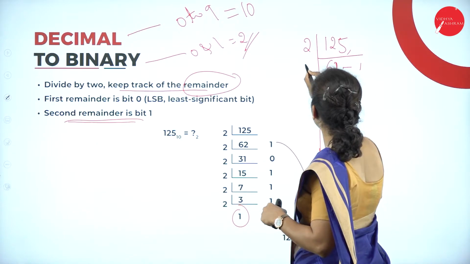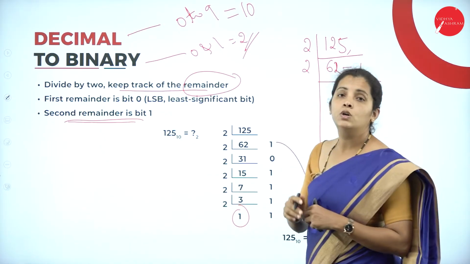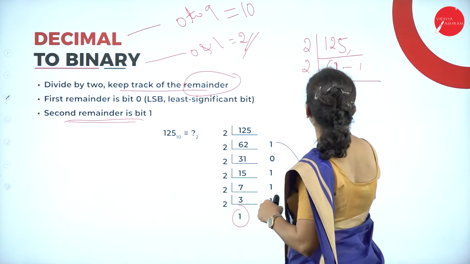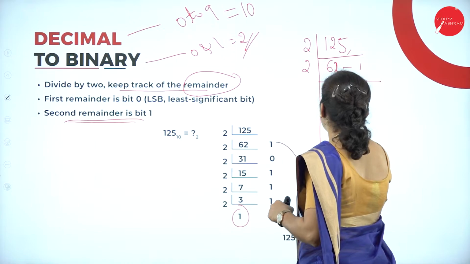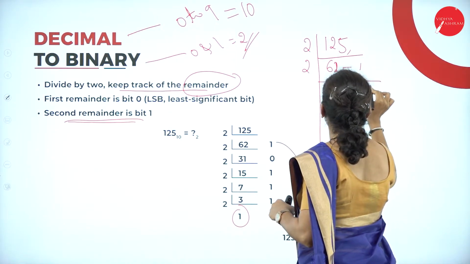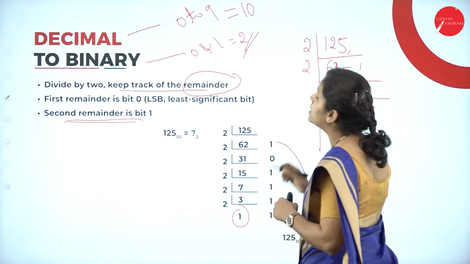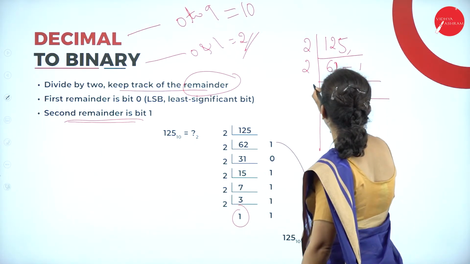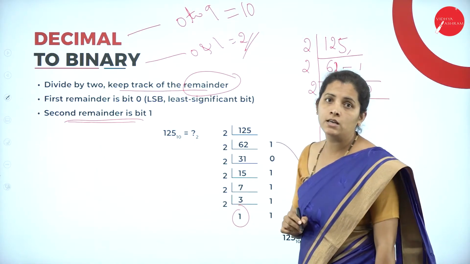Now, once again, I'm going to divide by 2. 2 3s are 6. 2 1s are 2. So, what about the remainder? It is 0. Once again, I'm going to divide this number by 2. 2 1s are 2. What is the remainder? It is 1.